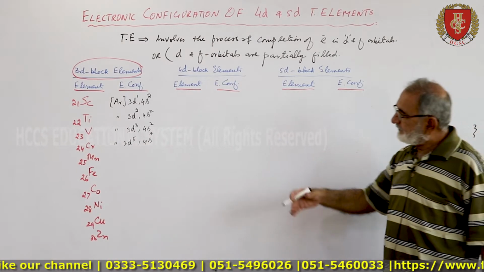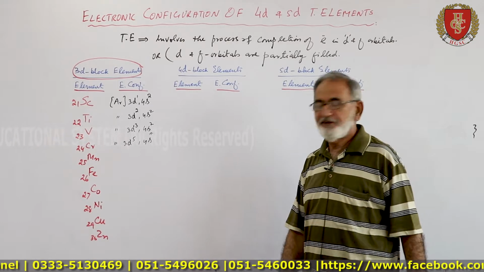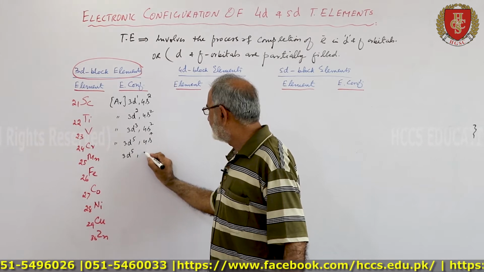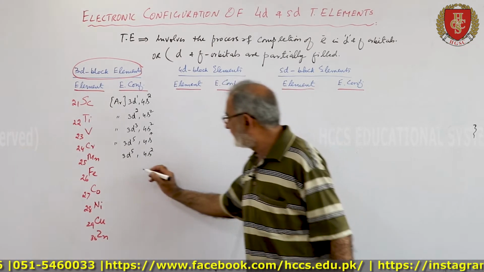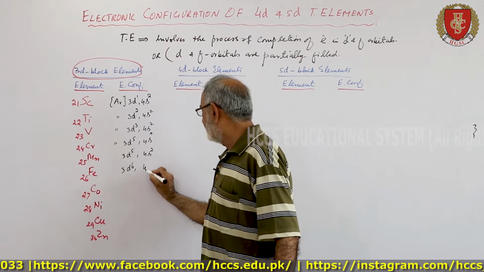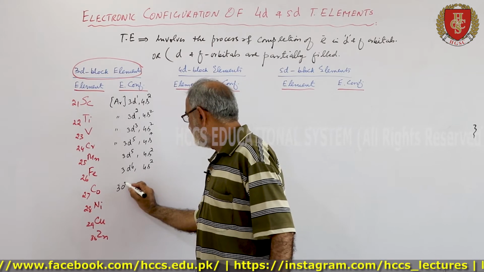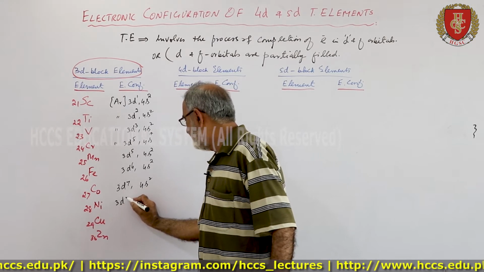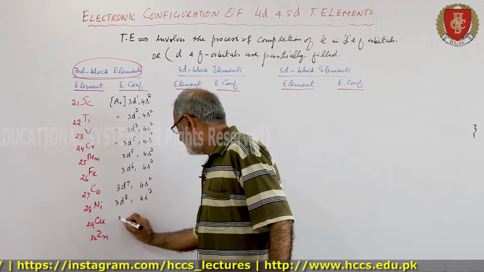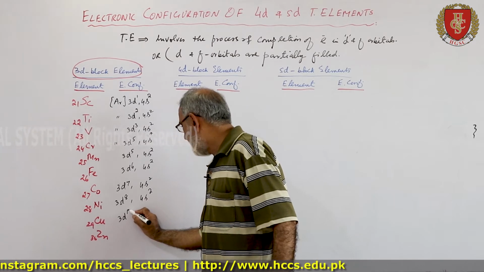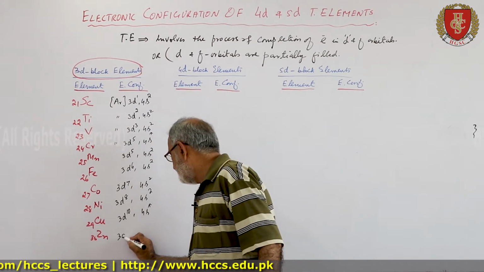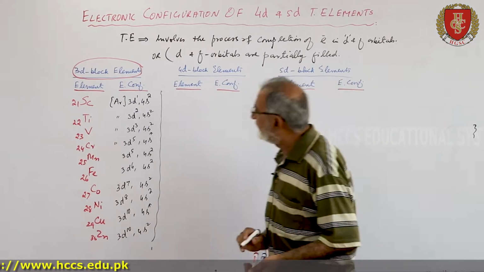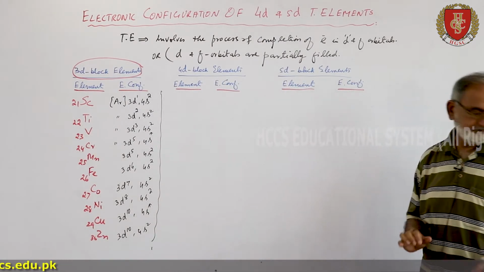Similarly you can write for others: 3d5 4s2, 3d6 4s2, 3d7 4s2, 3d8 4s2, 3d10 4s1, 3d10 4s2. This is the first transition series.